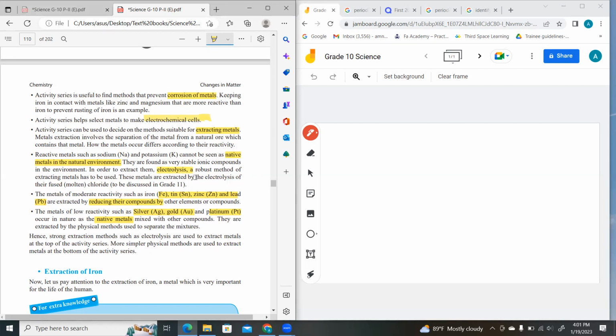Just heating is not enough to separate those. We will be studying properly what electrolysis means. The electrolysis of their fused molten chlorides will be discussed in grade 11. You will learn that process properly in grade 11. So this is the basic of your lesson.